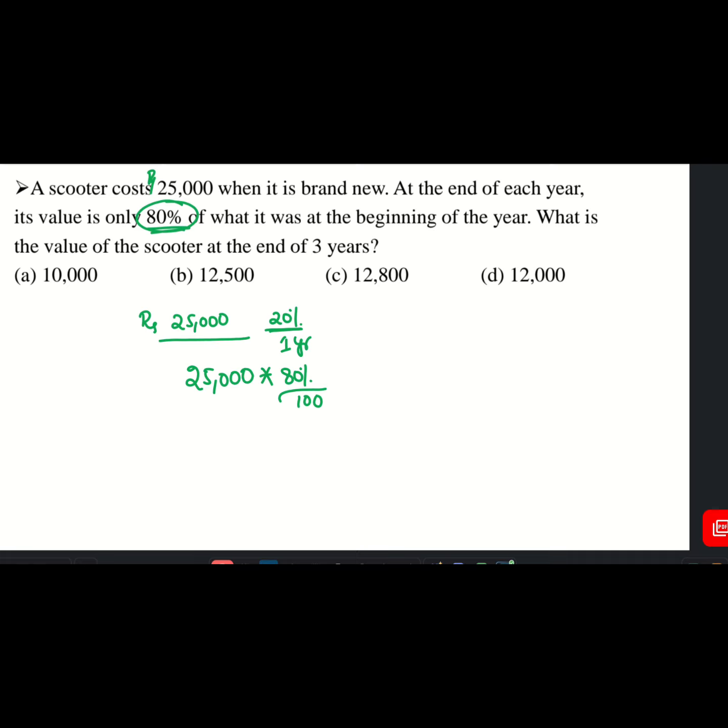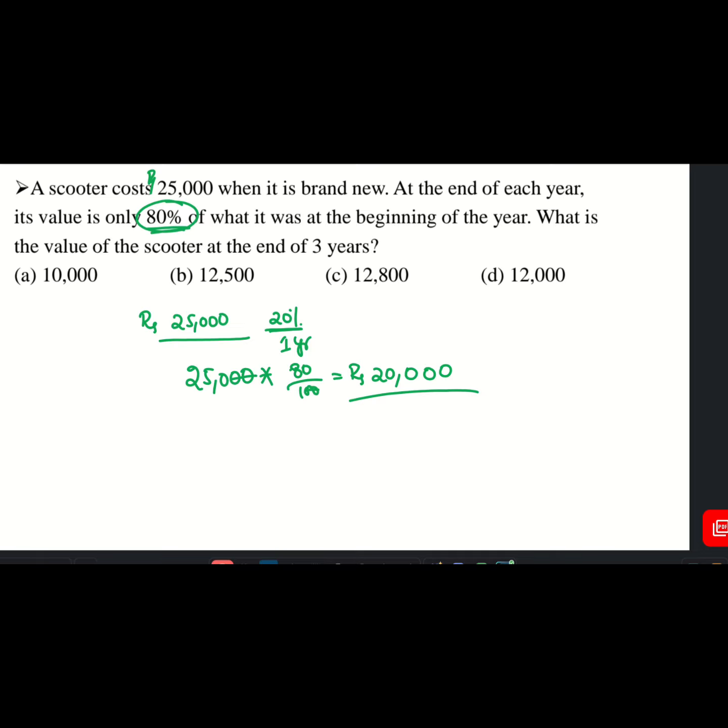The zeros cancel, and percentage is nothing but over 100, so that is 80 by 100. 25 into 8 is 200, plus 3 zeros, so the first year value will be 20,000. After the first year, its value is 20,000.